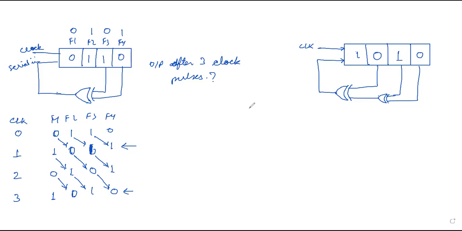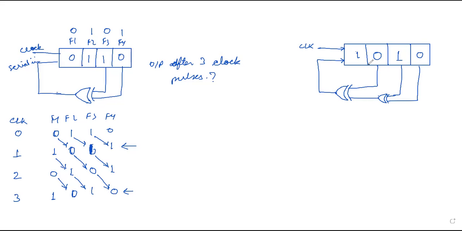The question is about the shift register shown here with the initial content as 1010. Now clock pulses are applied continuously, so after how many clock pulses will the output again be 1010? Are you getting the question?